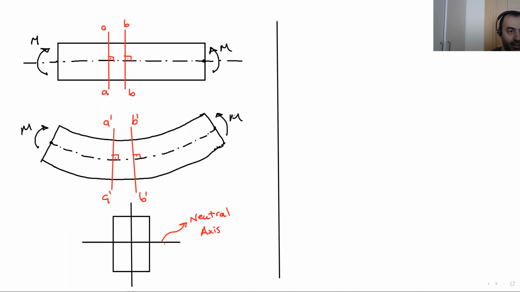What we said, the sections we assumed at the initial position, A and B, after the bending, they are perpendicular to the axis of the section. So our assumption is planar sections remain planar after bending.